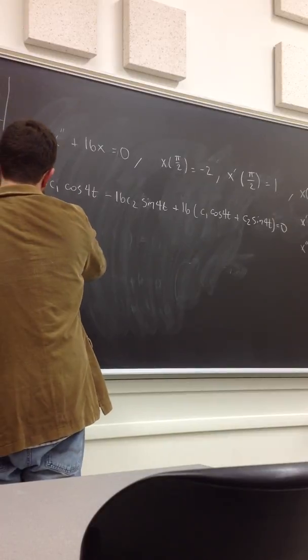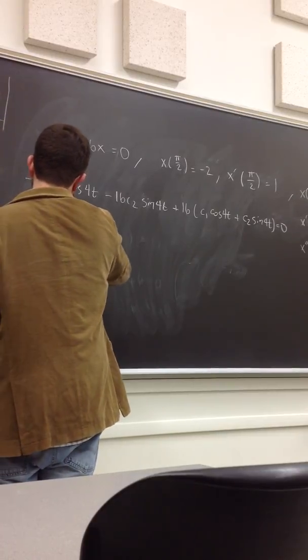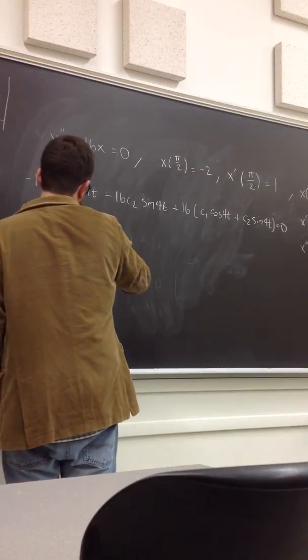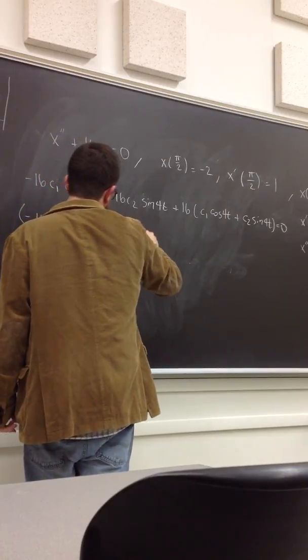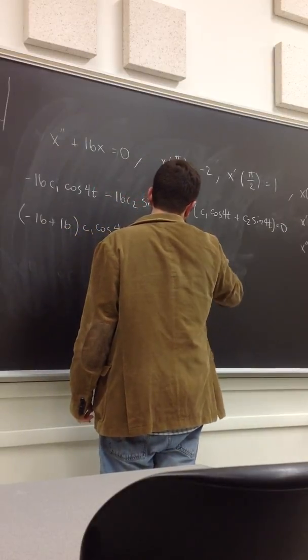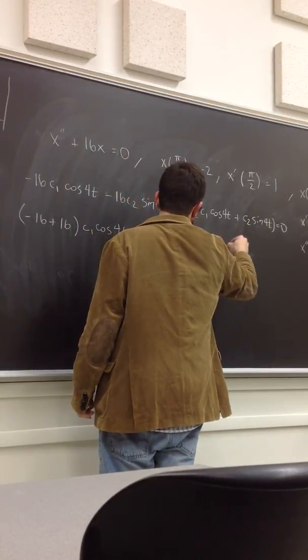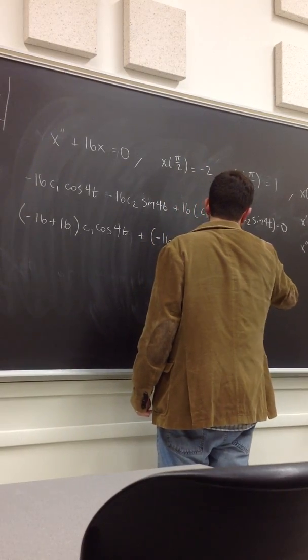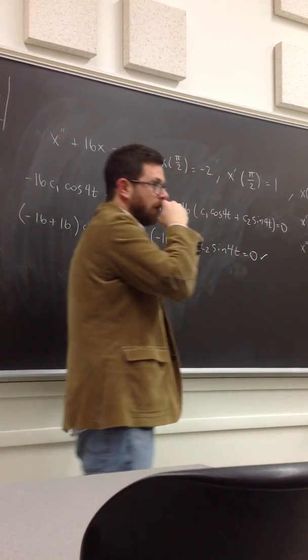I've got minus 16 plus 16 C1 cosine 4t, plus minus 16 plus 16 C2 sine 4t. Okay, so it is a solution.